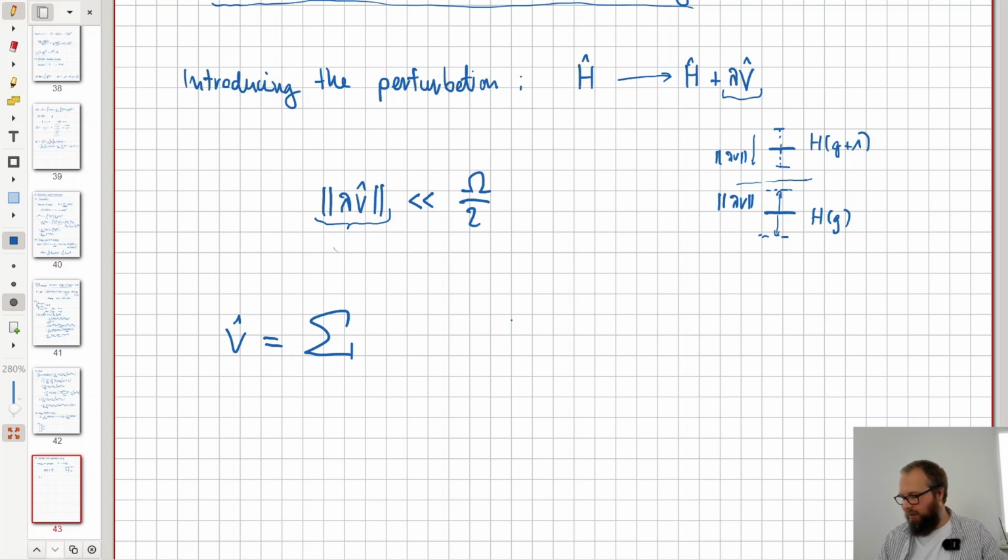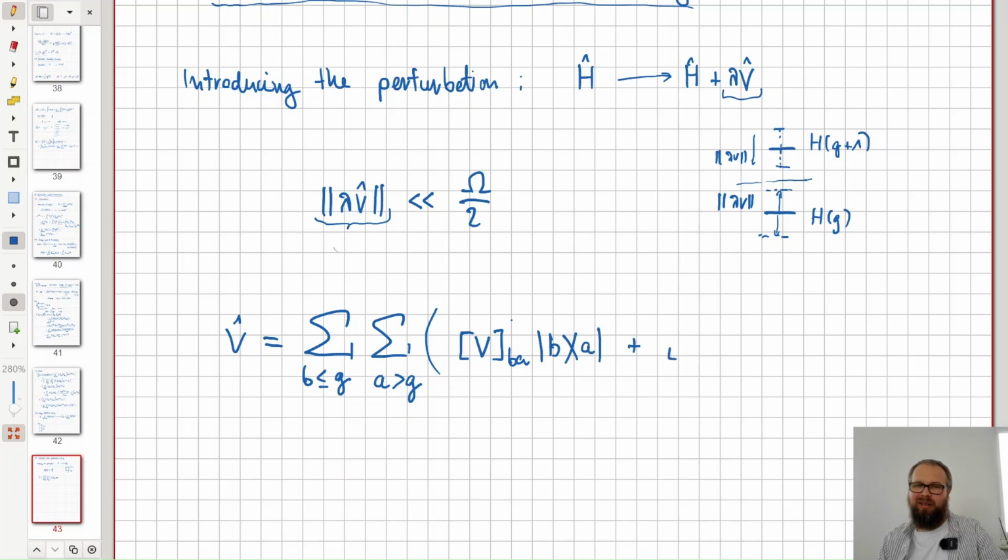There is a sum over B less than G, A greater than G, and we will have a matrix element V_BA, plus, to make sure it's Hermitian, V_BA conjugate, AB. So it connects the blocks, but it does nothing inside the blocks, just to simplify things.